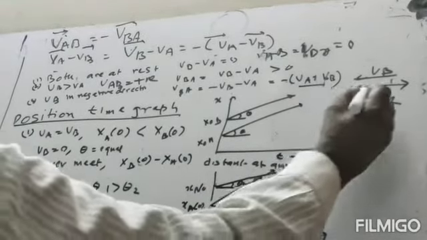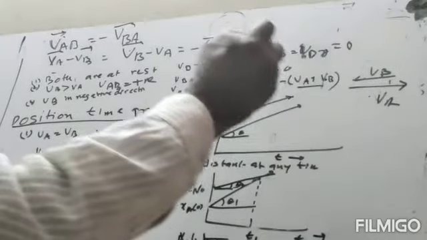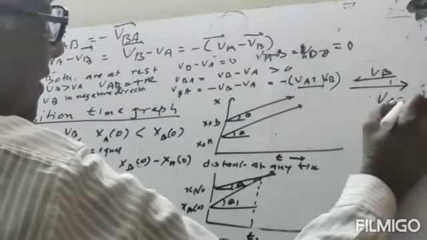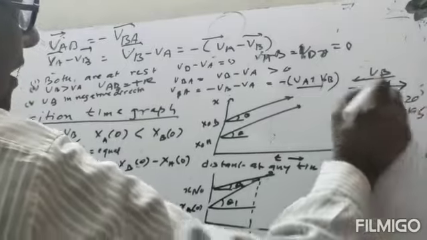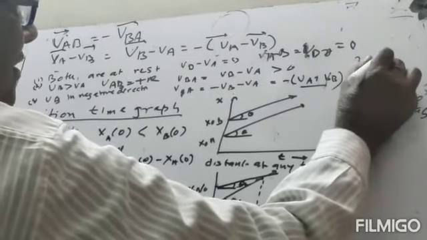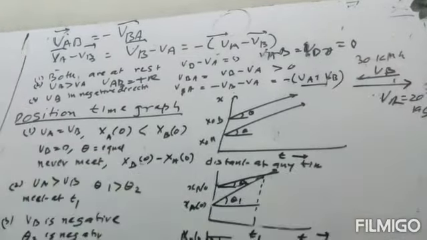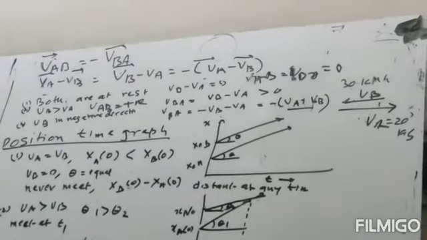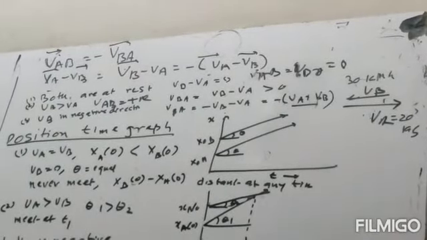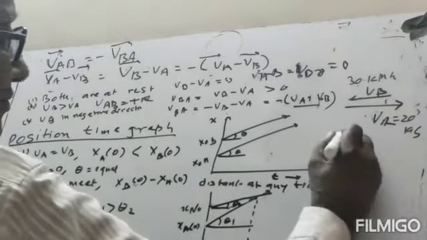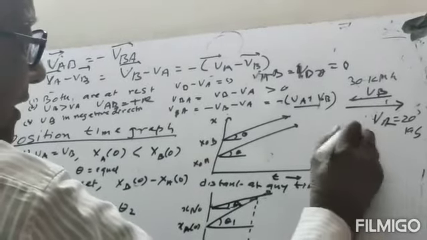Suppose the velocity of the observer A is 20 km per hour and B is 30 km per hour. Then to observer A, the velocity of B will be 50 km per hour in this side.